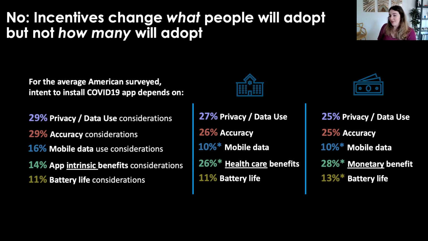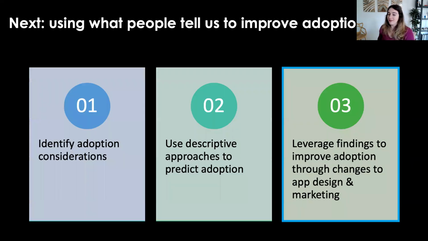So you could offer perhaps a bit worse performing or more costly app, but you won't necessarily get more people signing up. Okay. So that kind of takes us back to how do we actually improve adoption, because we can't just pay people to adopt.